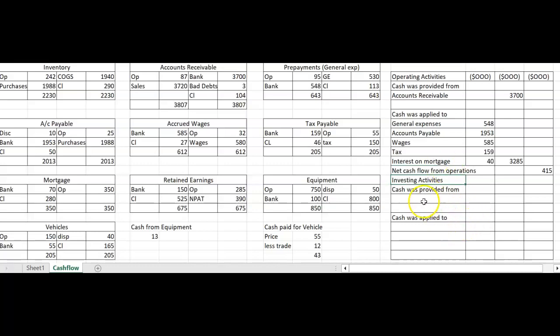From investing activities, we've got cash was provided from. Looks like we sold, what do we sell on equipment? And that was 13,000. And we purchased equipment and purchased a vehicle.